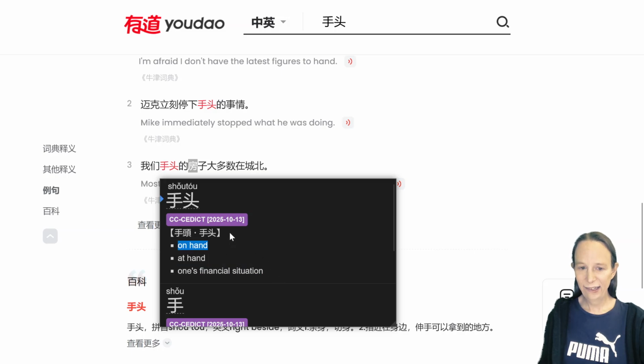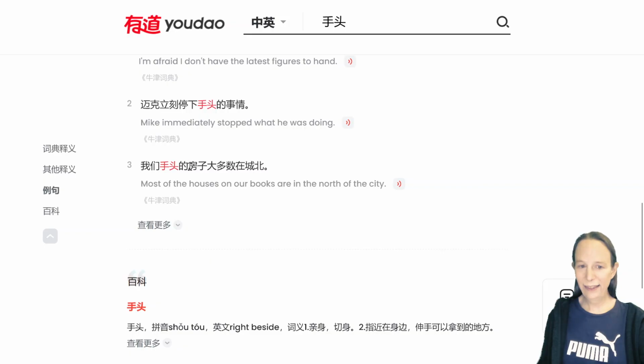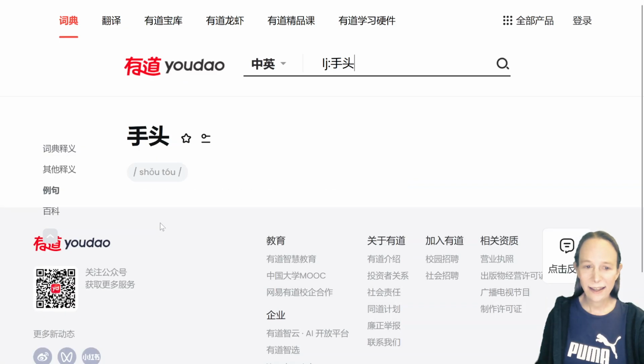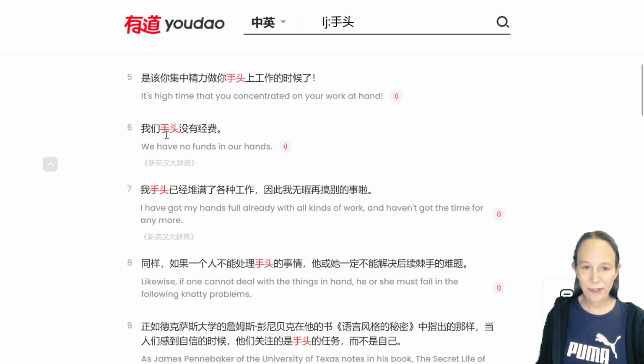Presumably these are people who are very wealthy and own multiple houses in the north of the city, and they can sell those houses if they felt like. It's like, oh, on hand, I've got a few houses over there. Rather affluent. 我们手头没有经费. We have no funds at hand. So I can't pay right now.